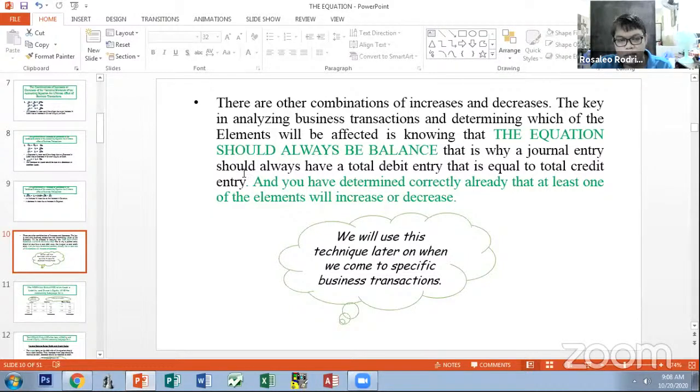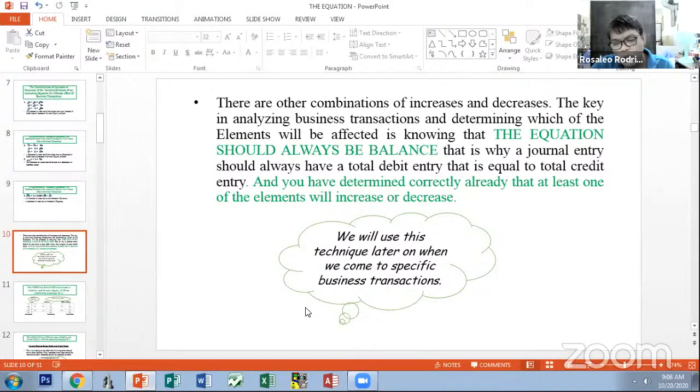That is why a journal entry, which you will learn in a separate topic, should always have a total debit entry that is equal to a total credit entry, because the equation must always be balanced.